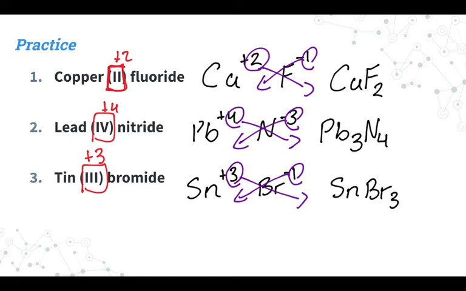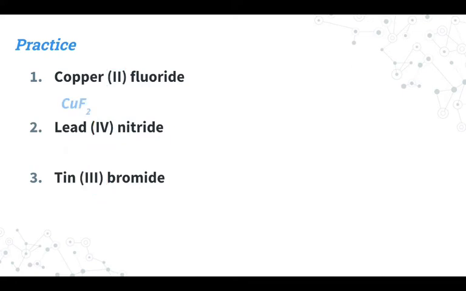That is how you deal with creating the formula for a transition metal. Just remember those transition metals are the ones in the middle: copper, lead, tin, cobalt, iron, all of those are our transition metals. And again, there are the answers.